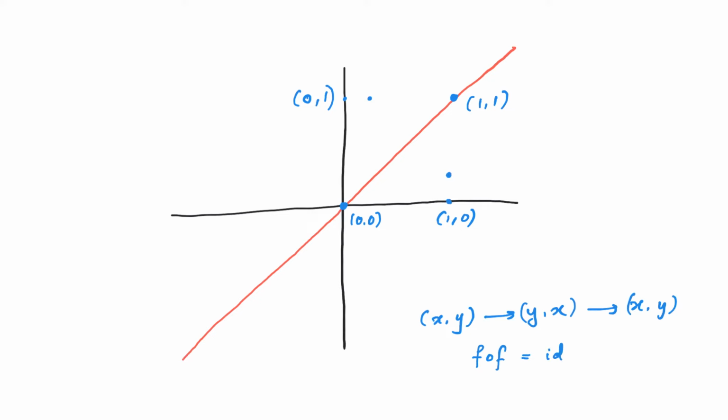The next thing to notice is that if you draw the line segment joining (1, 0) and (0, 1), it is perpendicular to the line y = x. Moreover, the point where it intersects the line y = x is the midpoint of this line segment. Now notice that the exact same thing happens if you take another pair of points (x, y) and F(x, y), which is (y, x).